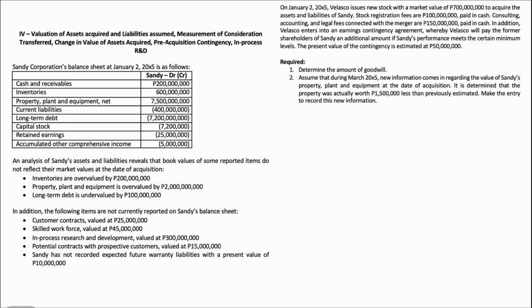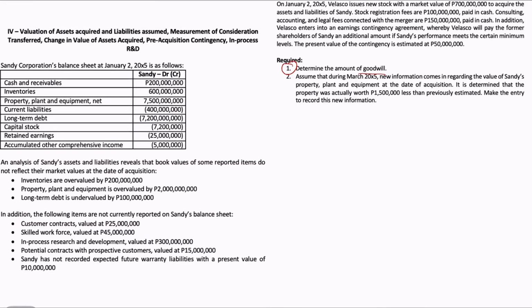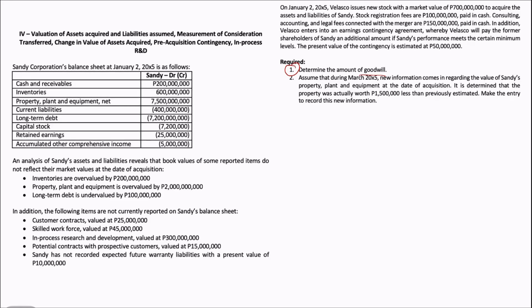Let's now take a look at this problem. You may pause the video to read the problem thoroughly on your own. The first requirement is to determine the amount of goodwill. To compute for goodwill, first we compute for consideration transferred.